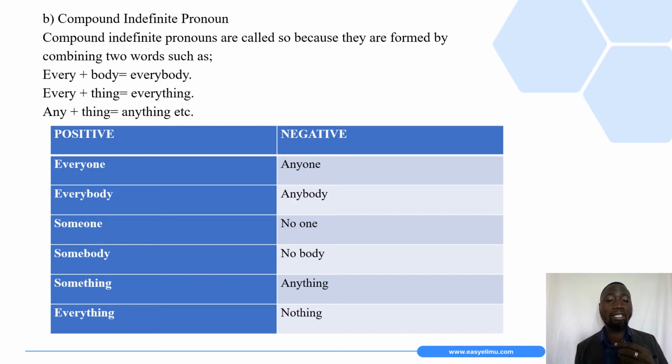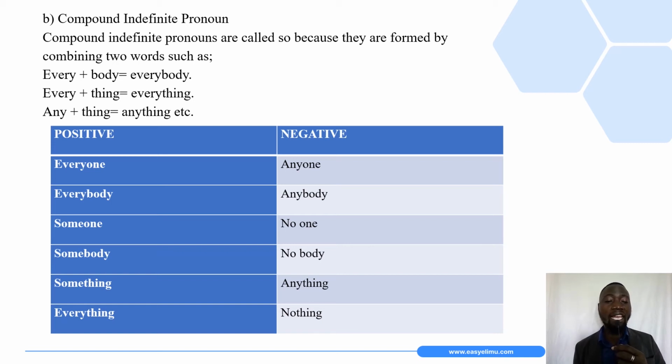Then on the second column on the same row, we have anyone. So everyone is used positively, anyone is used negatively. We have everybody on the positive side. On the negative side, we have anybody. Then on the positive side, again, we have someone. On the negative side, we have no one. Then on the positive side, again, we have somebody. On the negative side, we have nobody.